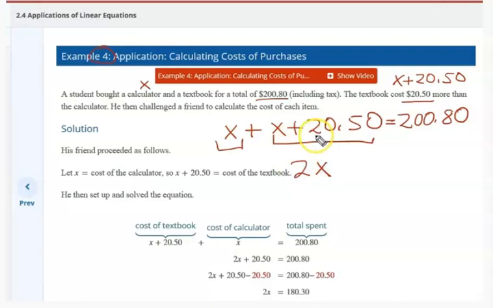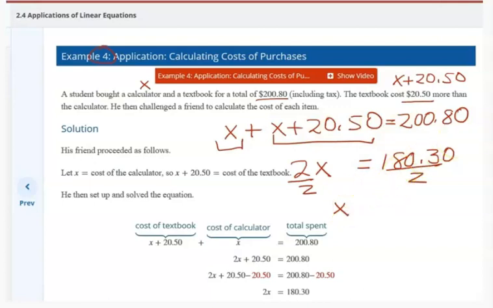We're going to subtract or transpose the 20.50 to both sides. And we get $180.30. We're now going to divide both sides by 2. And that'll give us the cost of the calculator first. Then we're going to add the 20.50 to the cost of the calculator and get the textbook.